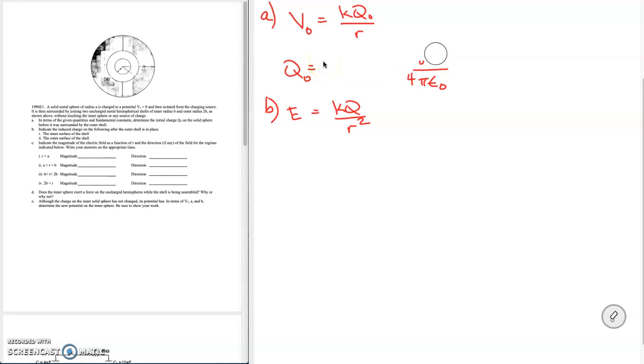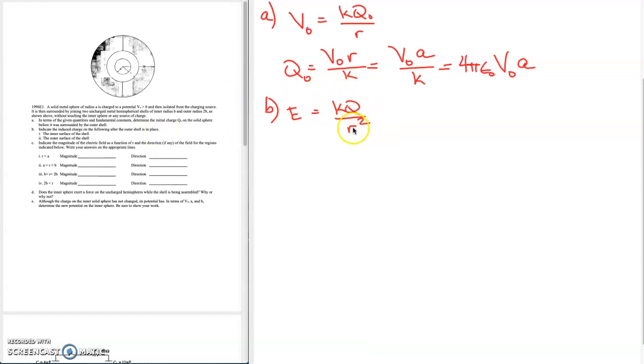Let me fix this. We're going to multiply by r and divide by k, so that's V naught r over k, and in this case r is the radius a. Or you could also say 4 pi epsilon naught V naught a. Apologies, silly algebra mistake.